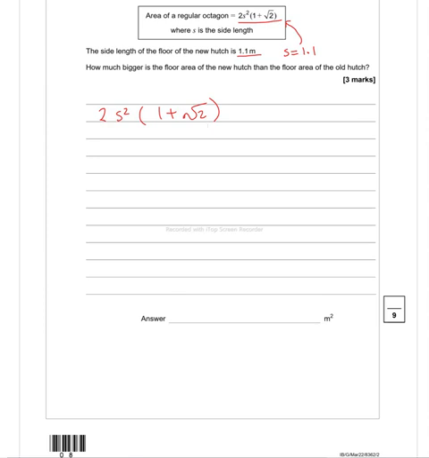Right, so what we're going to do is substitute. That just simply means replacing these letters with numbers.